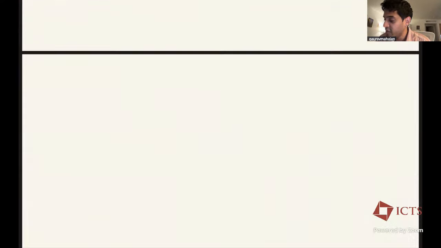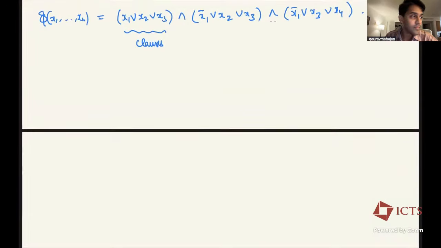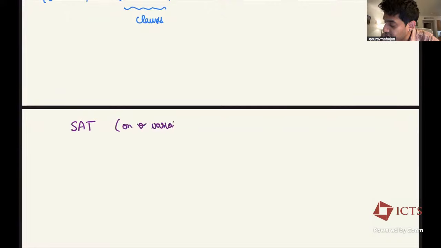Okay, so using that, we can define a SAT problem. A SAT problem on V variables. So there's going to be some way to scale a problem up or down.